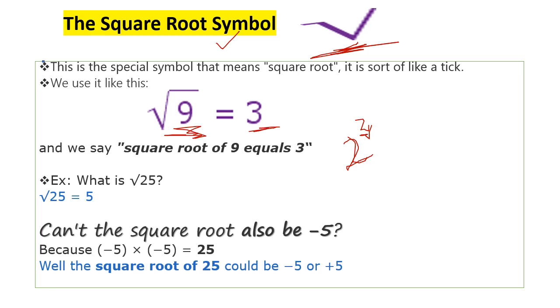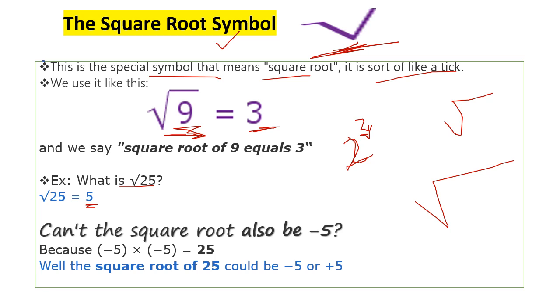Similarly, what is under root 25? Let us just quickly read this definition. This is the special symbol that means a square root and it is sort of like a tick. So never put this sign like this. Okay, always use it like this. So what is the under root 25? Under root 25 is equal to 5.